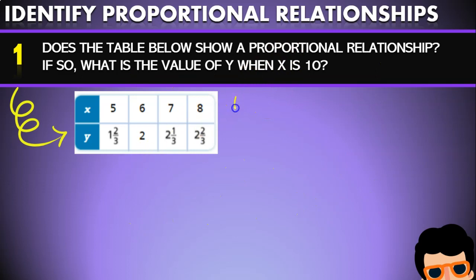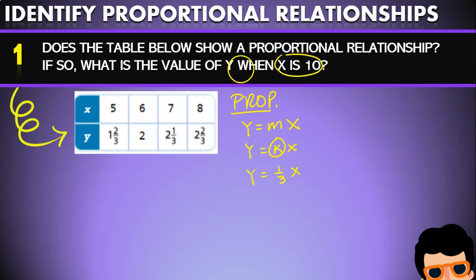Whenever we have a proportional relationship, we can actually find the values of y or x by using the following formula. So y is equal to mx, or y is equal to kx, where k is the value we just found of 1/3. So if we want to find the value of y when x is equal to 10, we just have to substitute.